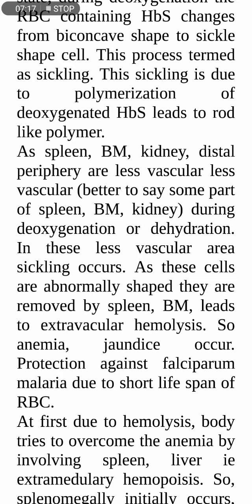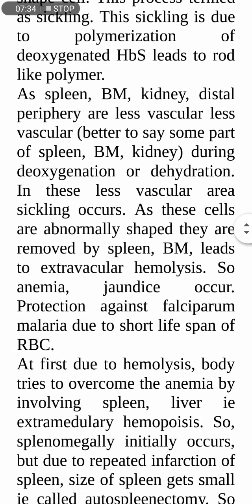As these cells are abnormally shaped, they are removed by the spleen and bone marrow, which leads to extravascular hemolysis. So the patient presents with anemia and jaundice. As there is hemolysis, the body tries to overcome the anemia by involving the spleen and liver, that is the extramedullary hemopoiesis.